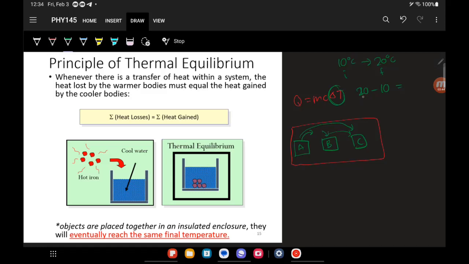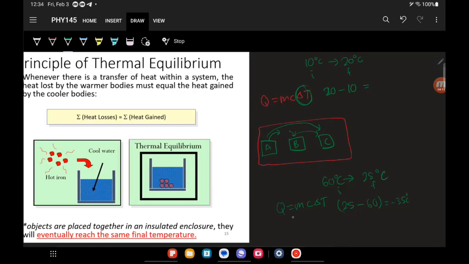Whereas if we have a condition when an object is initially at 60 degrees Celsius and goes to 25 degrees Celsius, then if you do the equation as well, Q equal to MC del T, we will see that the change in temperature, final minus initial, 25 minus 60, will give you a negative 35 degrees Celsius.